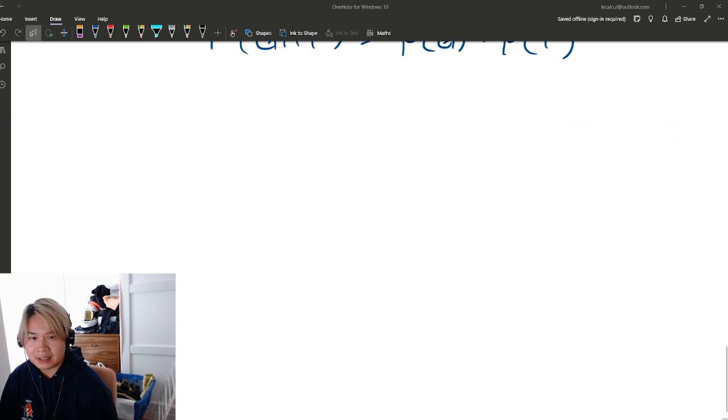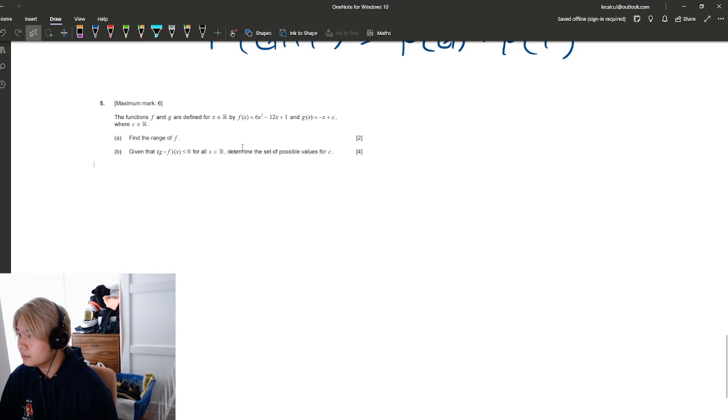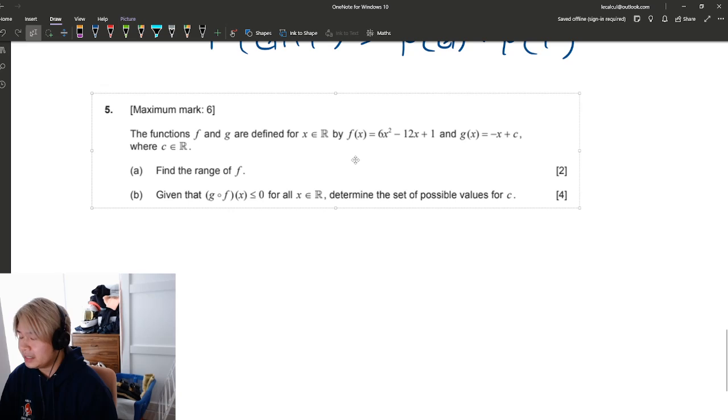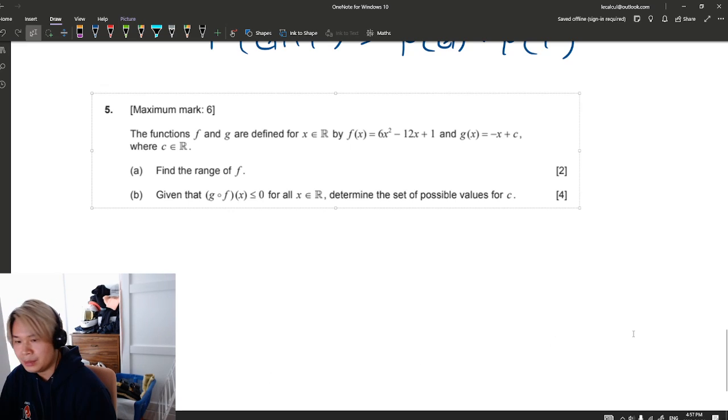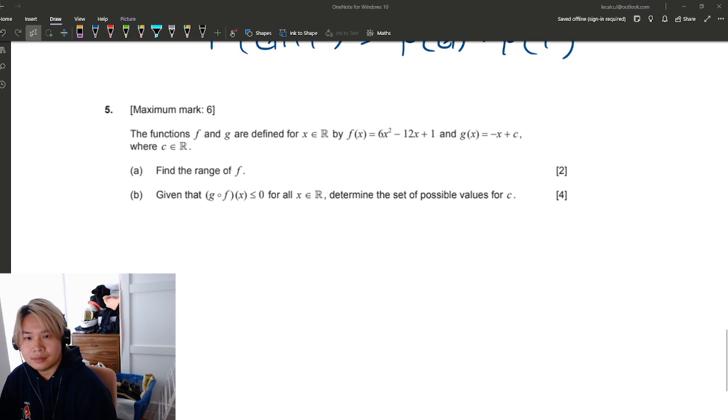My probability stuff is a little rusty. Actually, there's a mark scheme, so let me open that up. Okay, what question was that?